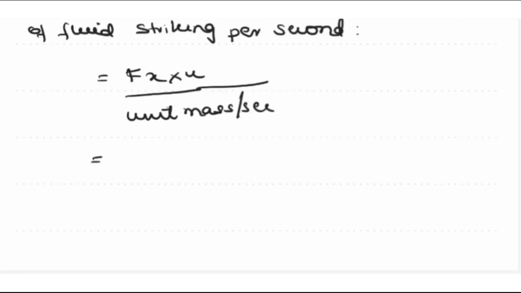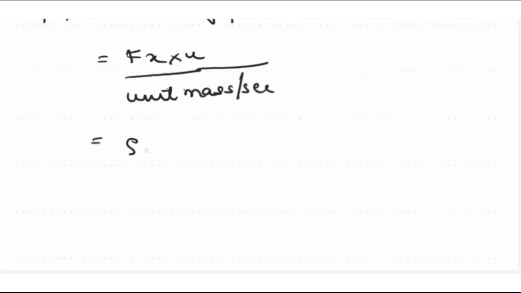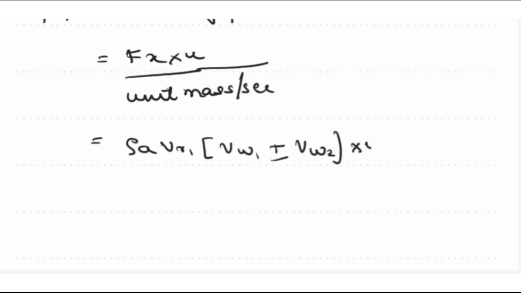So Fx we can write as rho A Vr1 into Vw1 plus or minus Vw2 into U. So what is unit mass per second? That is nothing but rho into A into Vr1. So this and this get cancelled.